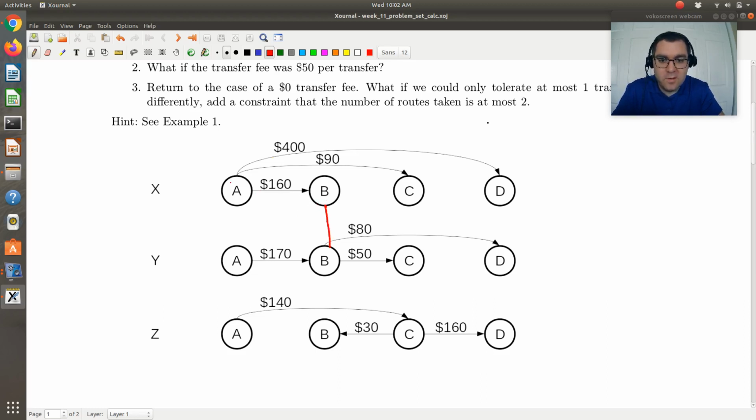So I'm going to start at some origin, say my airport in city A. From the airport, I would get on a flight from airline X, Y, or Z, and then I'm going to arrive at some terminal destination.